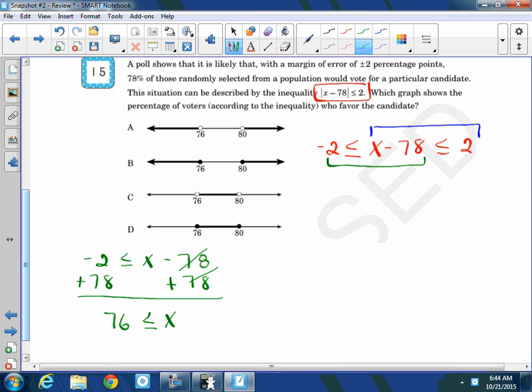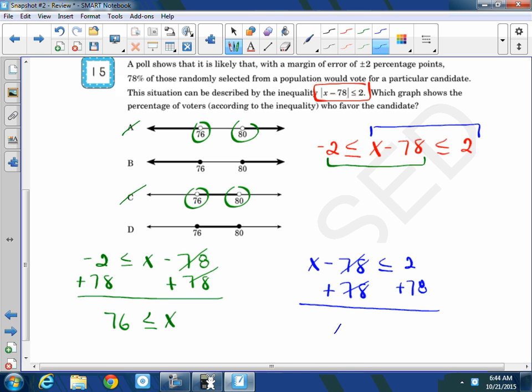Now, the less than or equal to does help me eliminate 2 of them because you have to have it shaded in on 76. So it's not the ones that are both open. And these are equal to, so they have to be shaded in. Okay, let's do the second one. X minus 78 less than or equal to 2, plus 78 plus 78, that would be 80.